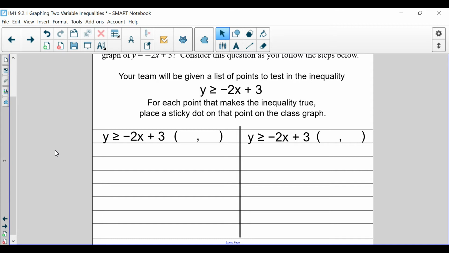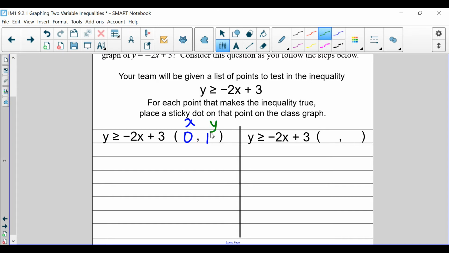For example, let's choose the point 0, 1. If we choose the point 0, 1, this is going to be our x value, and this is going to be our y value. Let's see if this makes a true statement, because by the end of class, you should be able to graph inequalities like this.